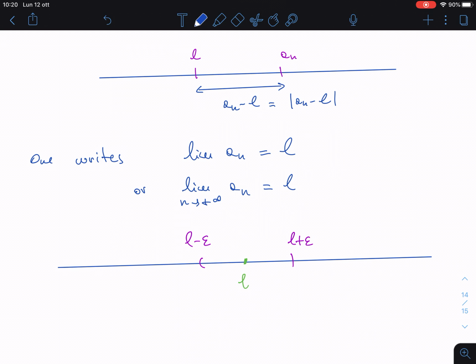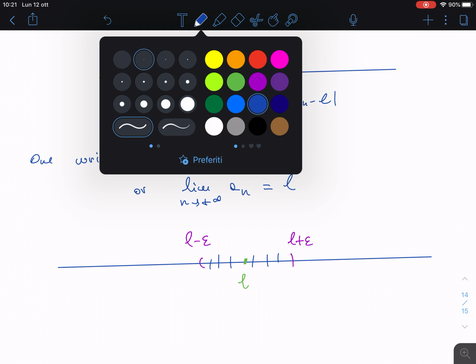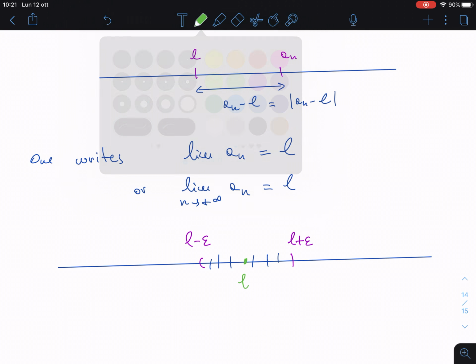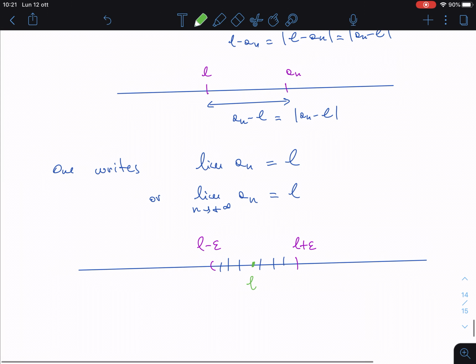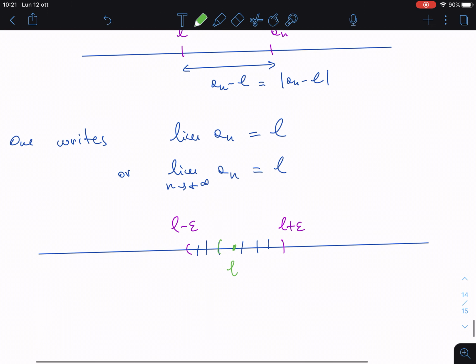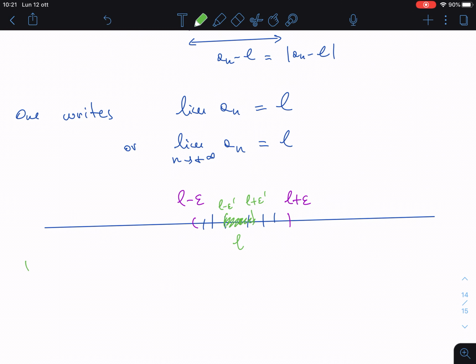Sooner or later the sequence will fall inside here after some n bar. Of course, another important idea is that the smaller you take epsilon, the larger will be n bar. So here L plus, let me call it epsilon prime, L minus epsilon prime.